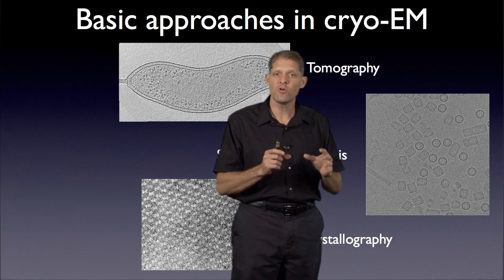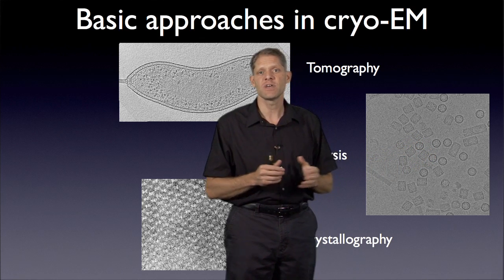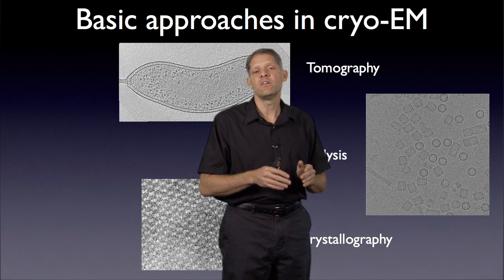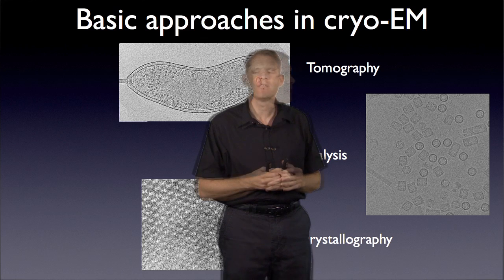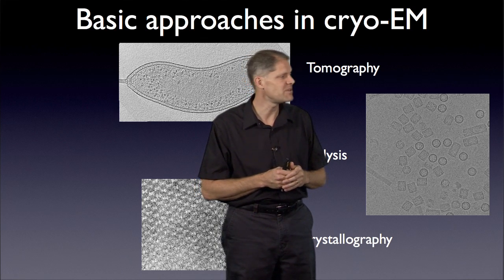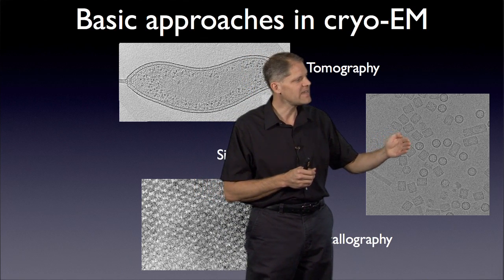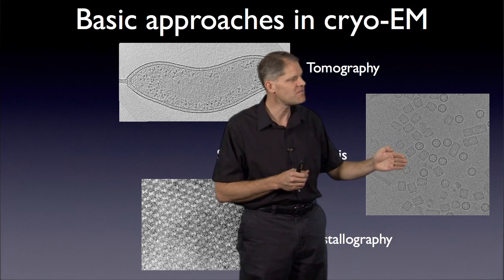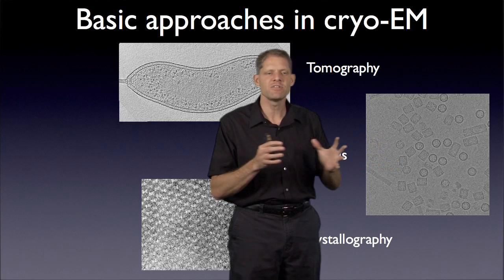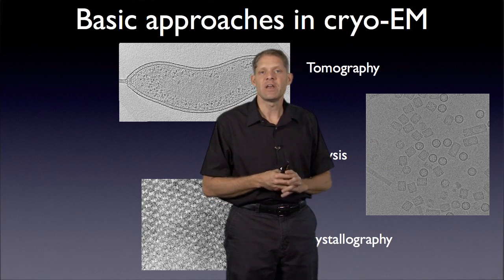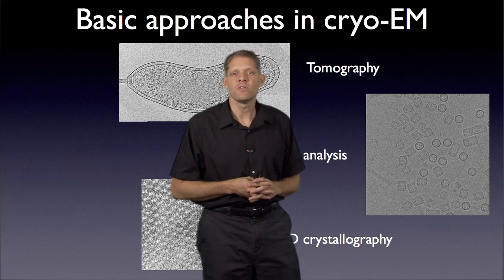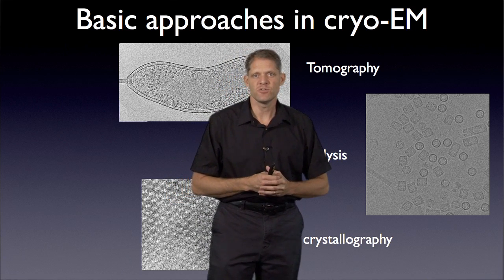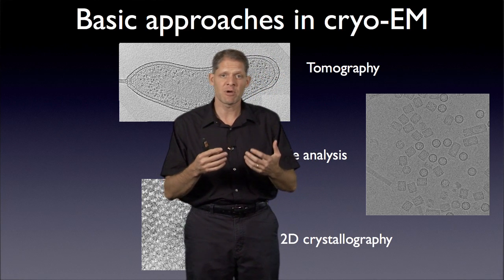And by recording low-dose images of all of these particles and then combining them, we can obtain a high-resolution three-dimensional reconstruction. Now here, a significant resolution limitation is how precisely we can determine the relative orientations of each of these particles and average their information. But in many cases now, this has been possible to allow near atomic resolution reconstructions, where atomic models can be built into the density.